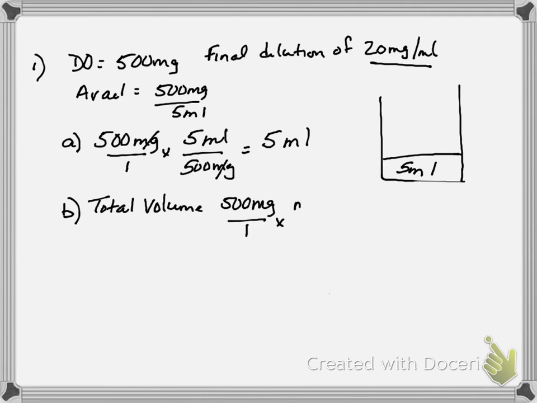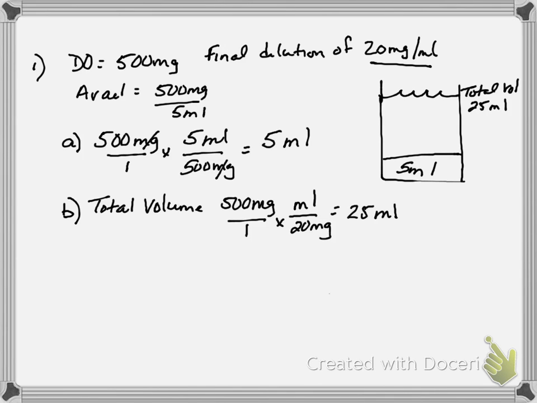The final dilution in this problem is 20 mgs per ml. When I multiply that through, I end up with 50 divided by 2, which gives me 25 mLs. So my final or total volume is going to be 25 mLs.